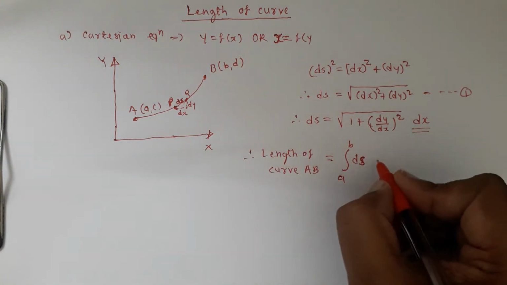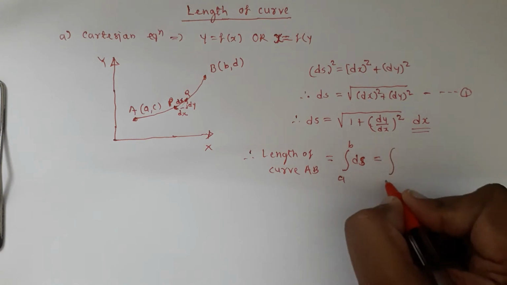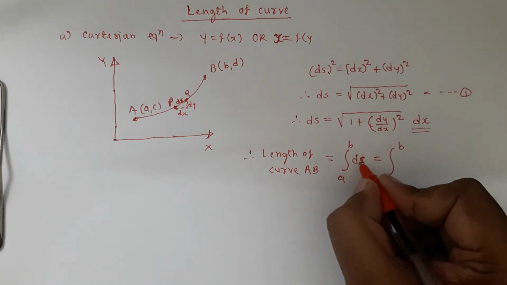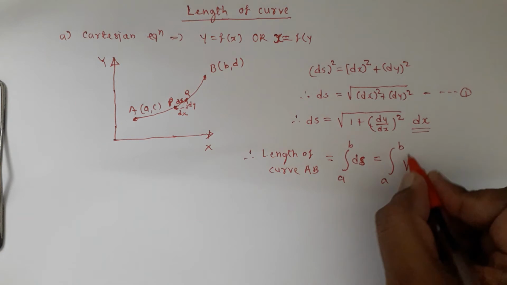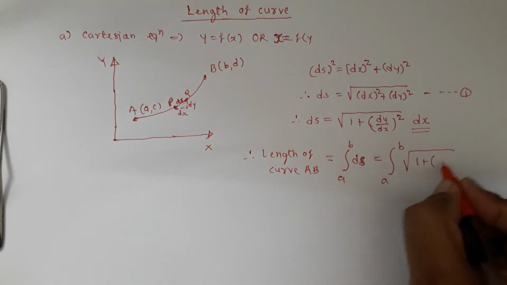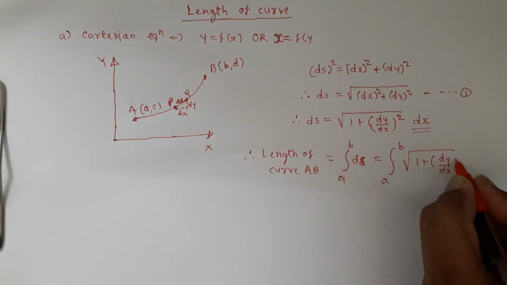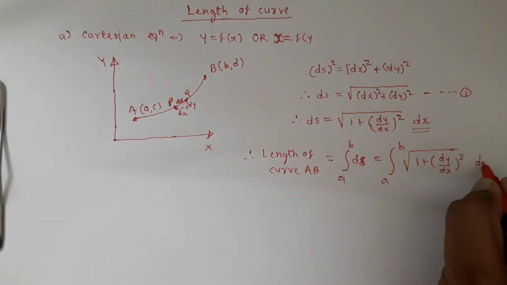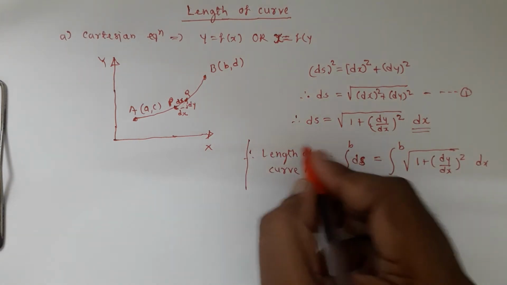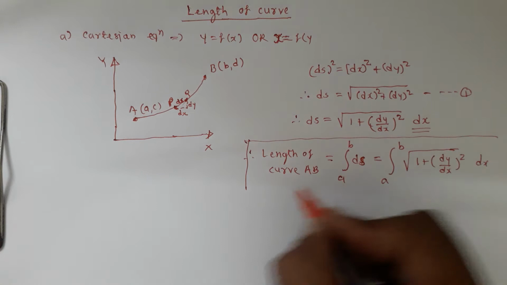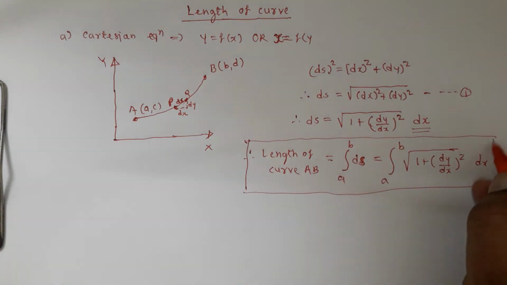So integration a to b of ds can be substituted as root of 1 plus dy by dx square into dx. So this becomes the formula for the length of the curve.